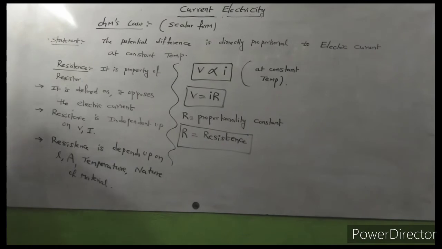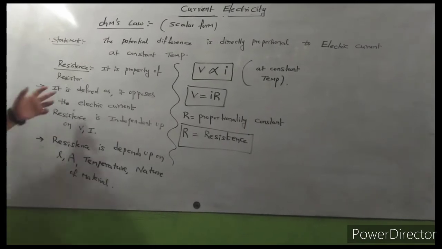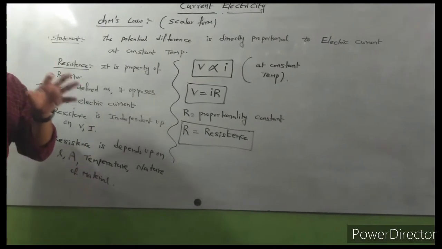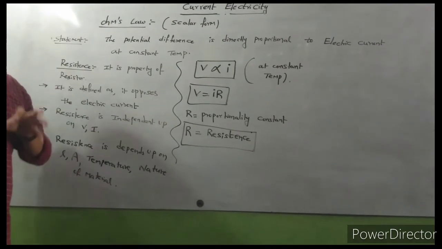This is very, very important. So this is about resistance. Resistance is the property of a resistor. It opposes the flow of current. That is the nature of a resistor.